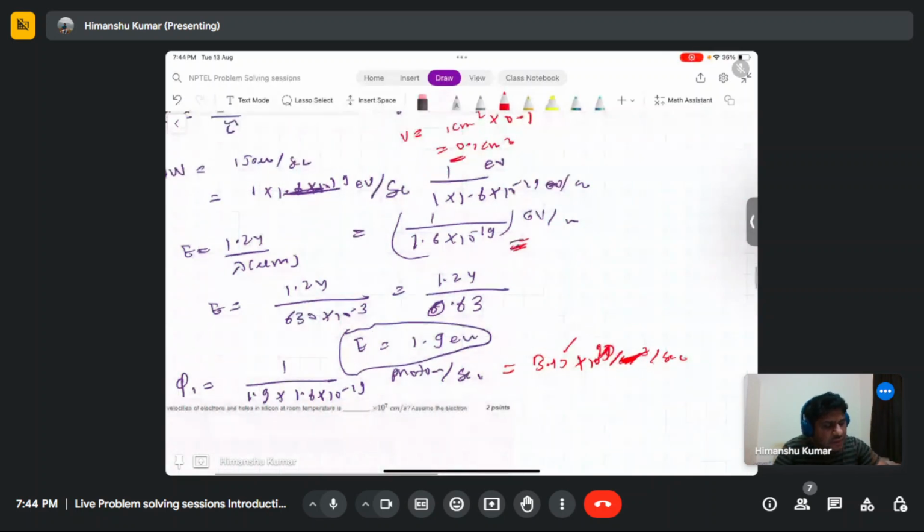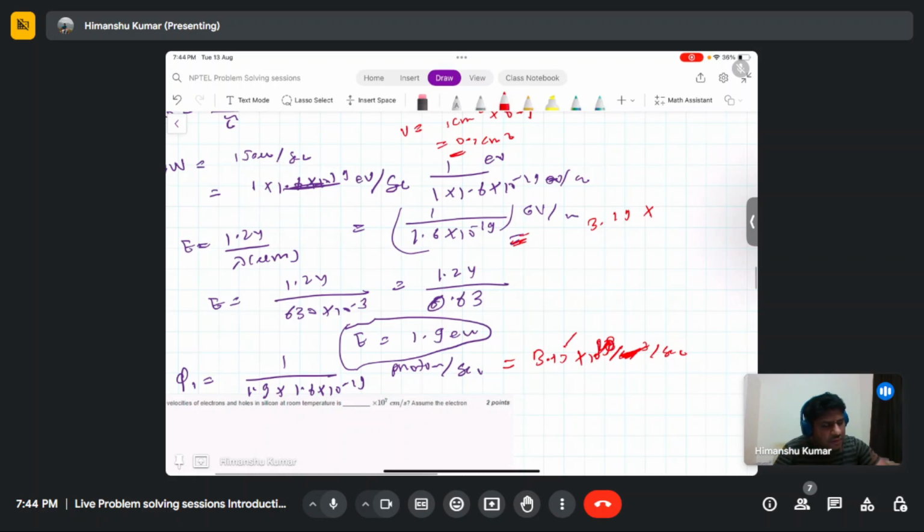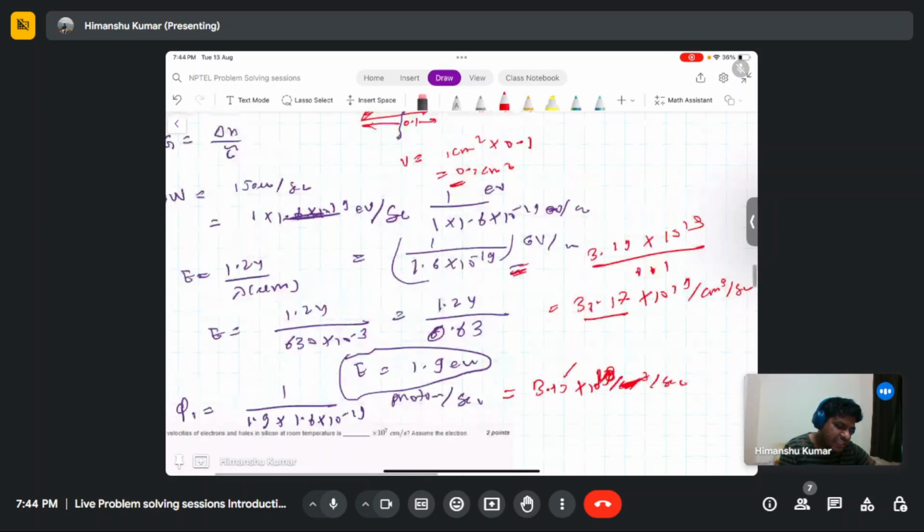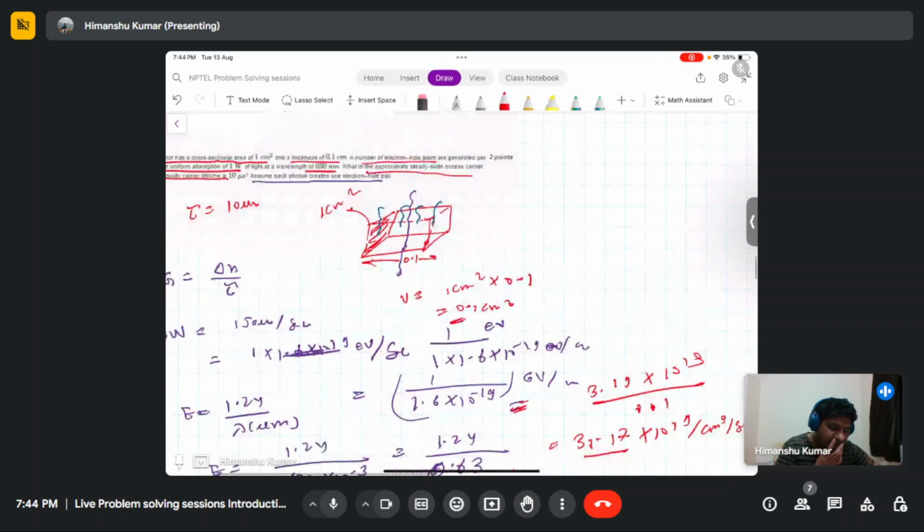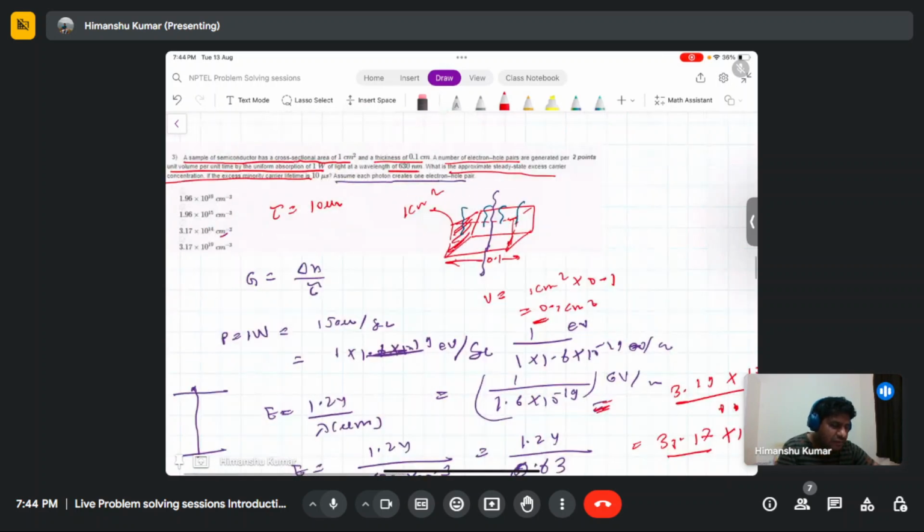So 3.17 into 10 power 18 divided by 0.1, and if you work this out, you will get 3.17 multiplied by 10 power 19 per centimeter cube per second. So per unit volume per second, this many electron-hole pairs are getting generated, and then with this we can calculate the next quantity.